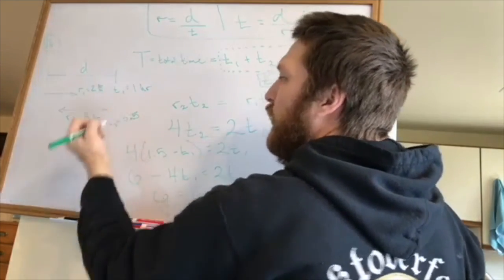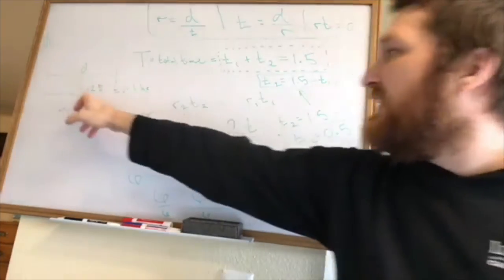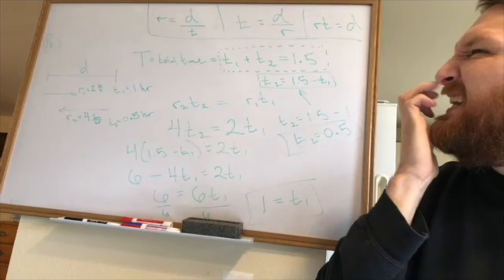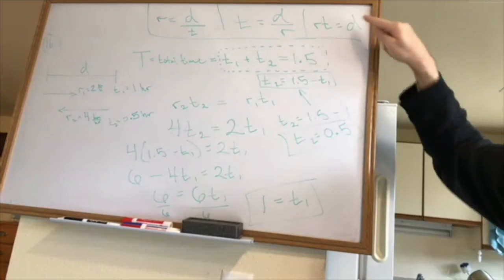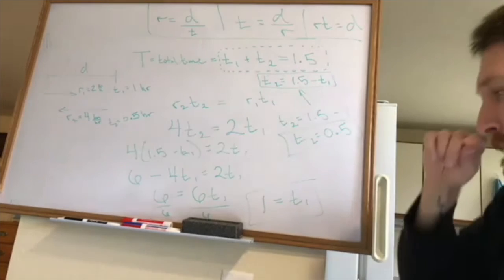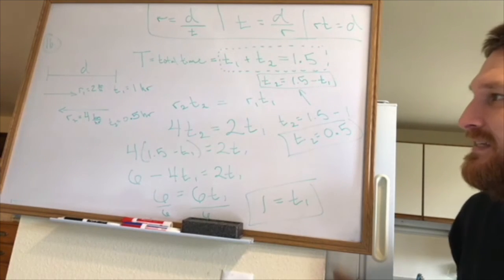And now if we wanted, we could use either of this info to find D. Because we know that the distance is equal to the rate times the time. I like using T1 because it's a 1. It should be nice and easy.